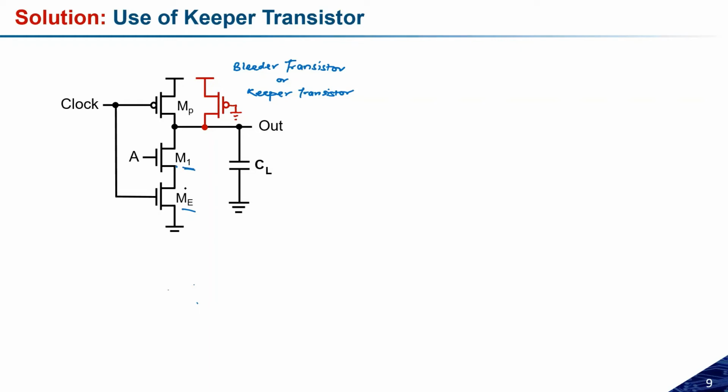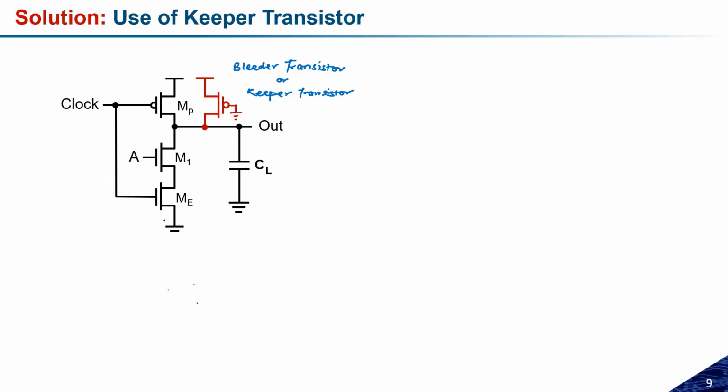So this is on, this ME is on, and because this keeper transistor is always on, there is a direct path between VDD and the ground. And if there is a direct path between VDD and ground, it will create huge power dissipation. So the power dissipation will increase by using this keeper transistor.